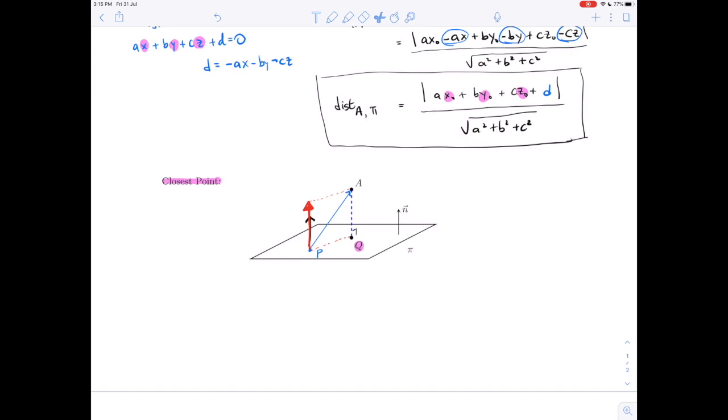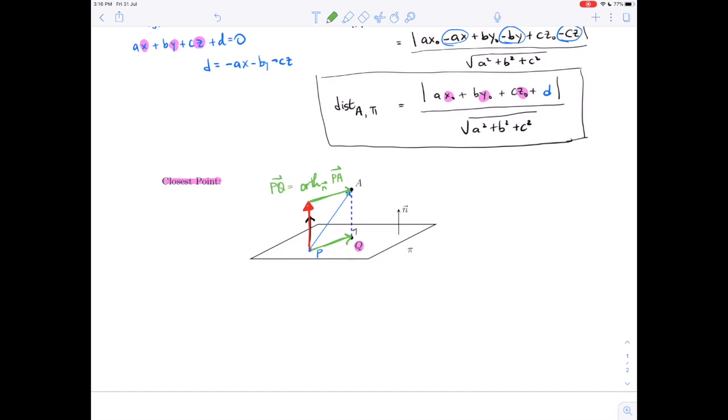Well, there's a couple of ways of doing it given this diagram. The first is if I fill in the rest of the traditional projection picture, then this vector in green becomes the orthogonal component of PA relative to the normal vector, and that just so happens to be the vector PQ.